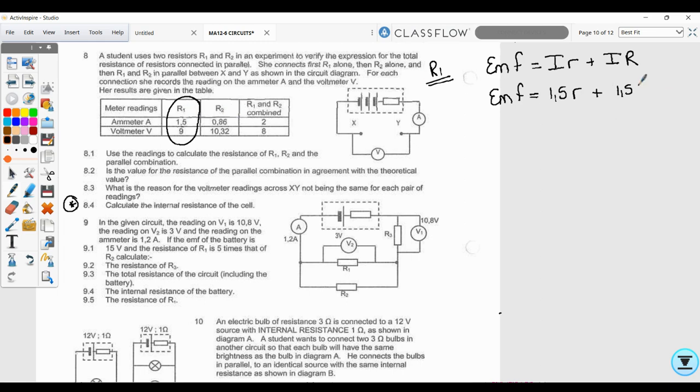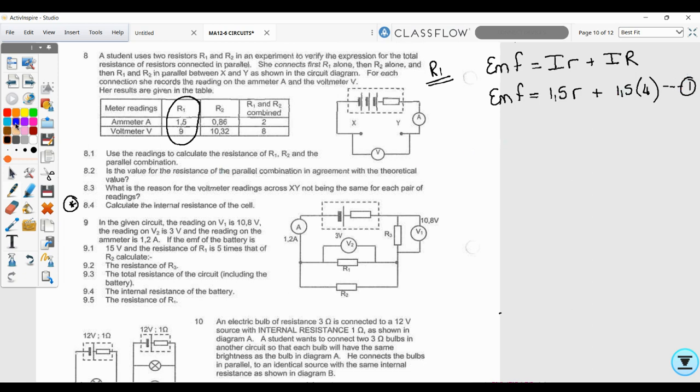What was it again? 2, for this one. Okay, so that would be equation number 1.